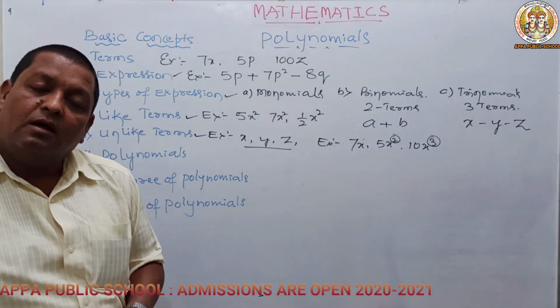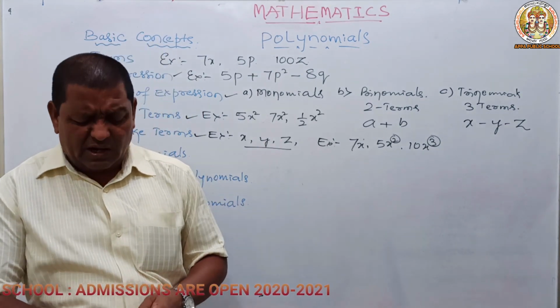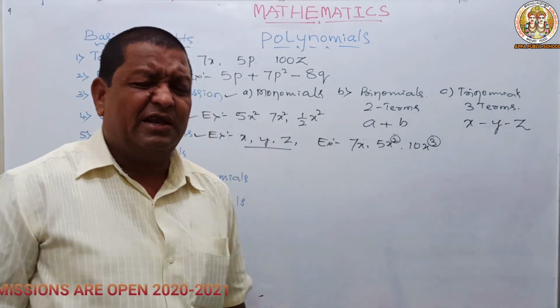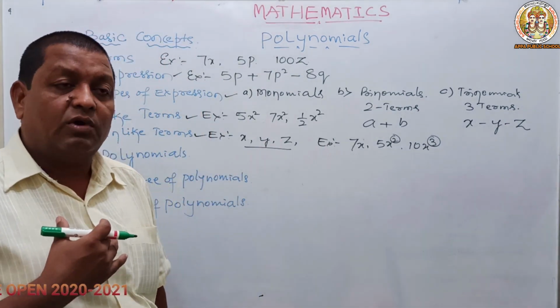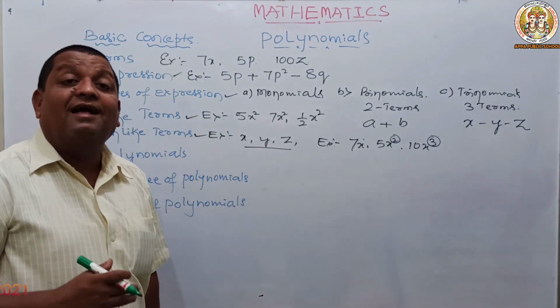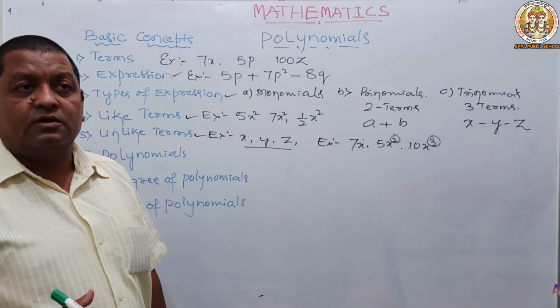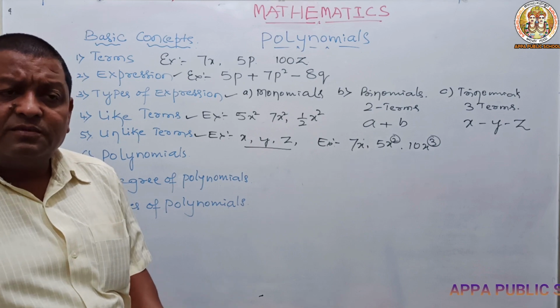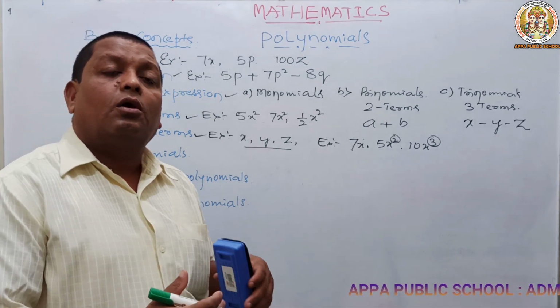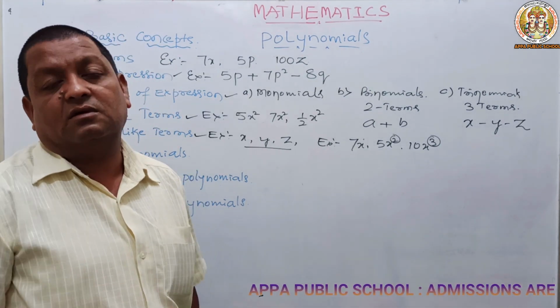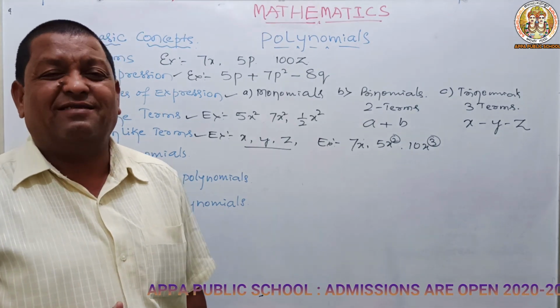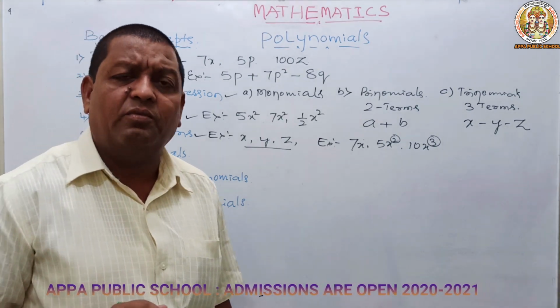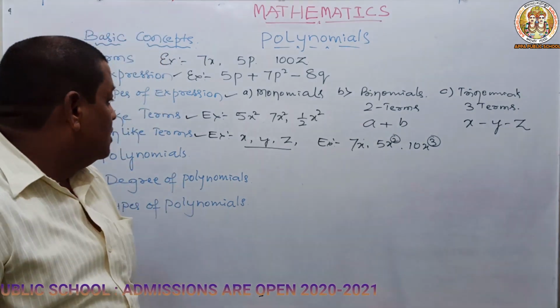You already know this from primary classes. My work is just to have a glance over the basic concepts, because basic concepts are very important for further solving of exercises, whatever it may be.